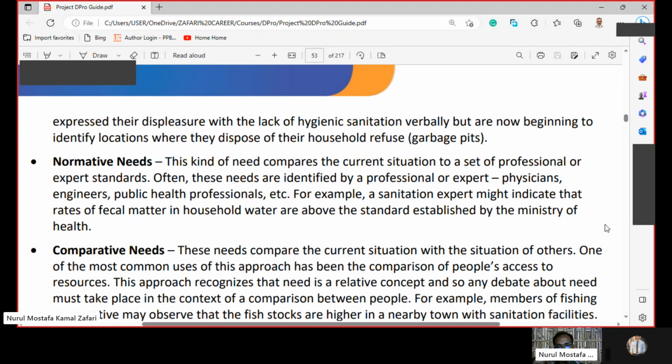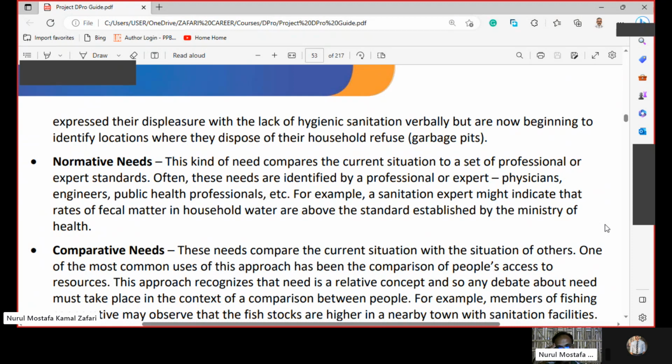For example, there are 2 hospitals. People are making long line in one hospital, and the other hospital is empty. So that we understand that in this hospital there is something special. And if we talk to the hospital professionals or staff members, then we'll understand why the beneficiaries are there and what is their expectation.